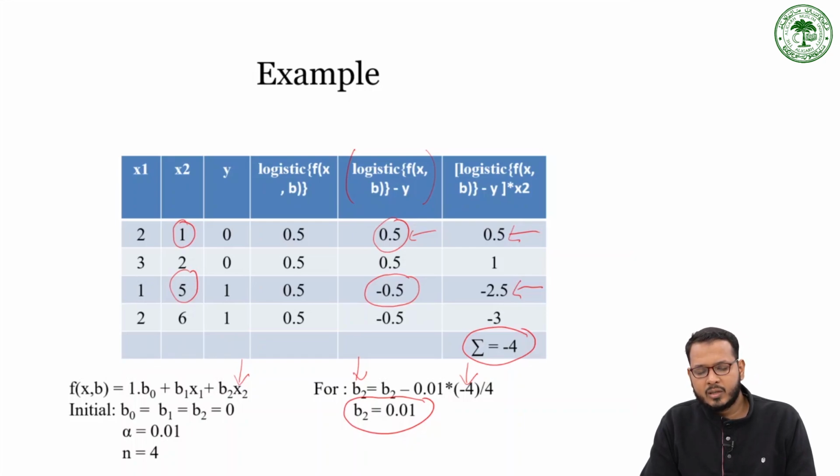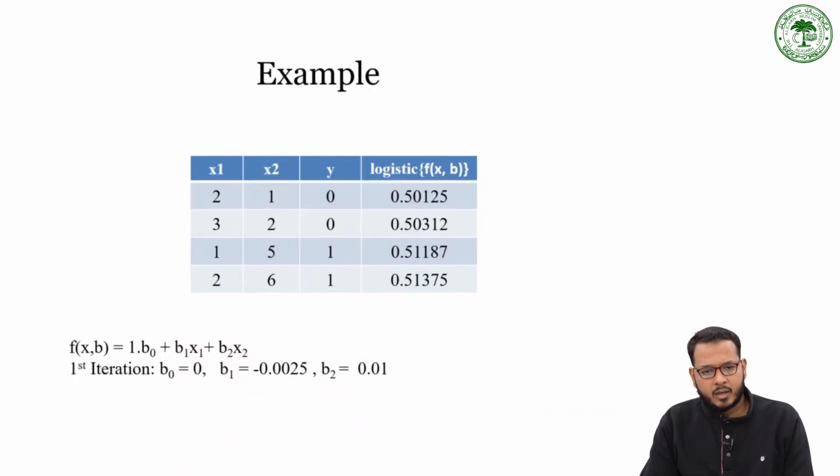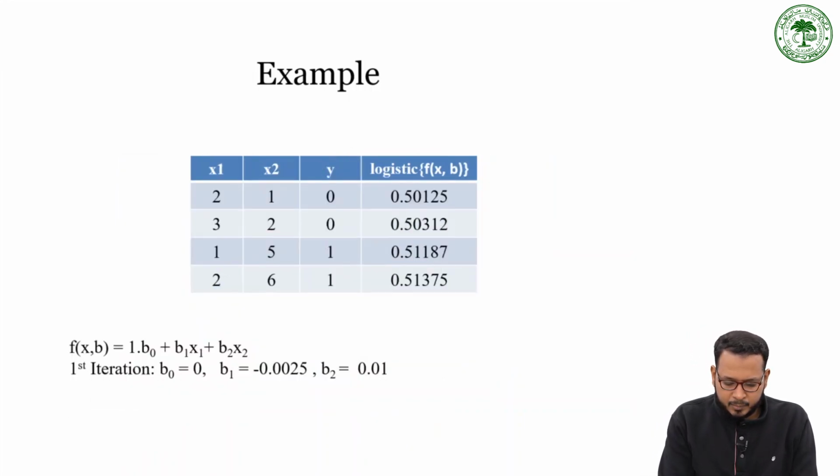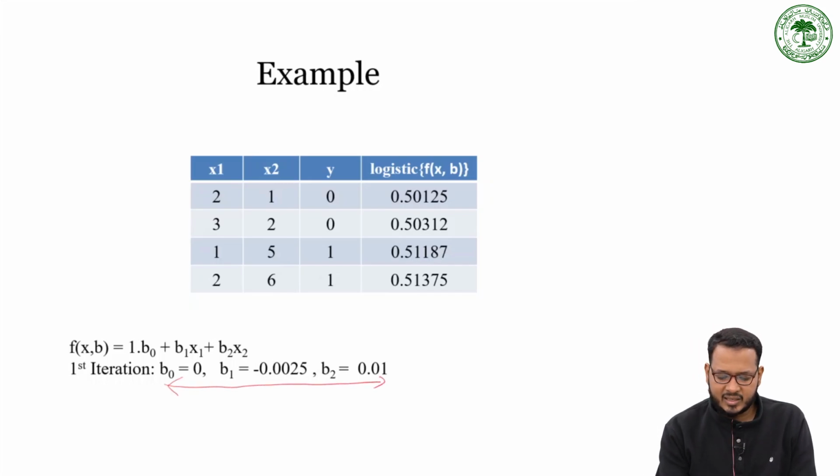So this is only the first iteration of logistic regression. Since the values of the BIs have changed now, this time when we once again calculate the logistic value for each of these examples, the values will differ from 0.5.